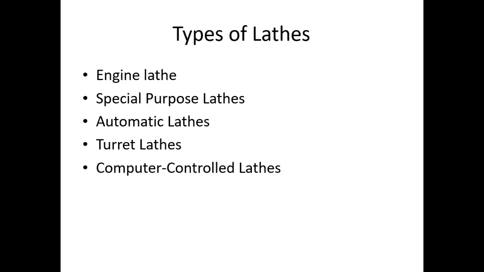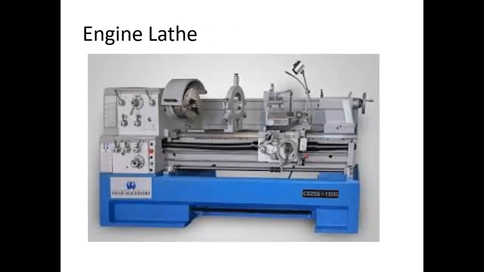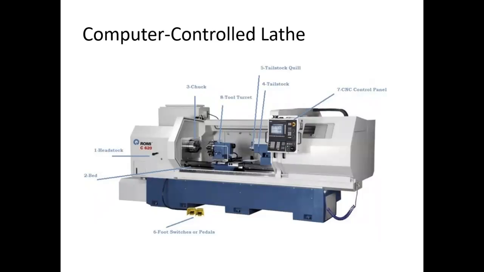And after this, special purpose lathes. As the name itself implies, they are for special purposes. Here you can see the turret lathe, engine lathe, and then the computer controlled lathe. This is the advanced lathe that we are using, where each and every machining operation is carried out with the help of computers and their programs. For example, about 10 years back, people used to load the material into the machine and do the machining operations manually.